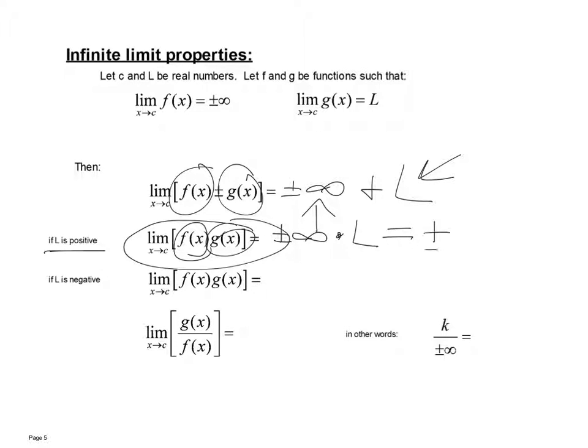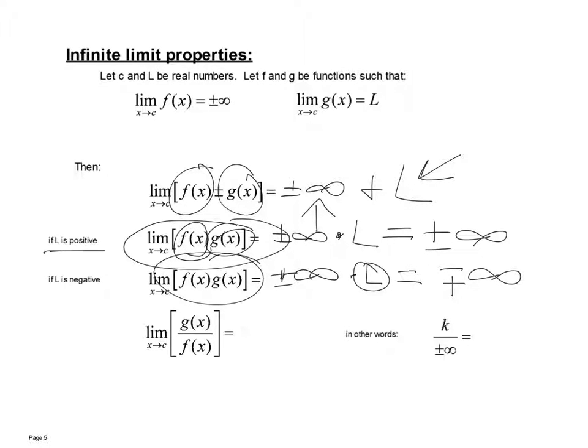All right, so I'm ending up with plus or minus infinity. Same deal here if L is negative, infinity times L is going to flip the sign, though. So if L is negative and we had positive infinity for f, it'll be negative, then it'll be positive the other way. If it's negative infinity for f times a negative number for L, then it will end up being positive.